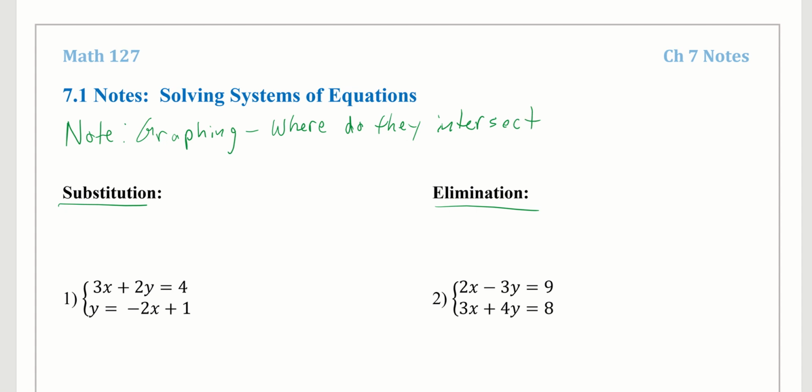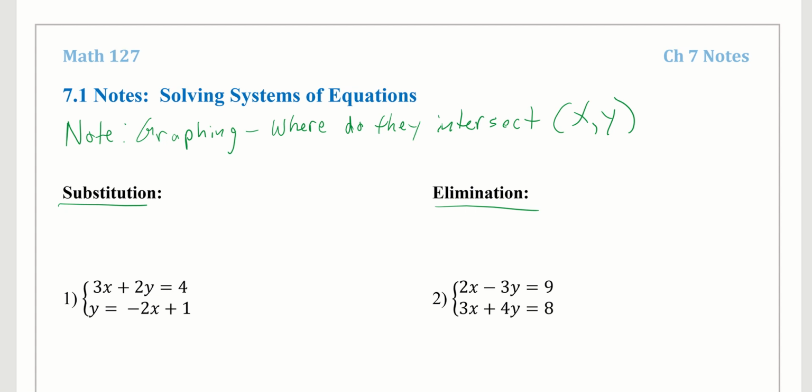They're going to intersect at an XY point. Again, this is the least efficient, and what if they don't land nicely on a coordinate point? What if your answer is like 2.23? It just doesn't work graphing, but it is a possibility.